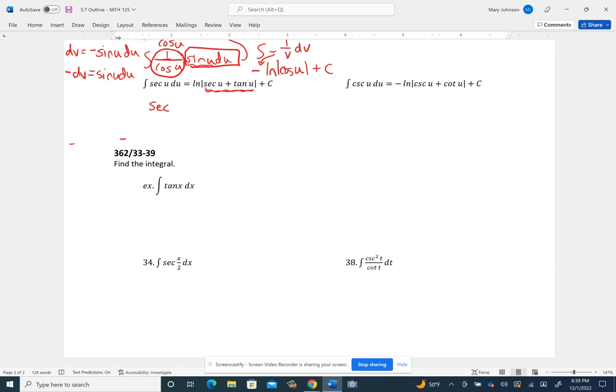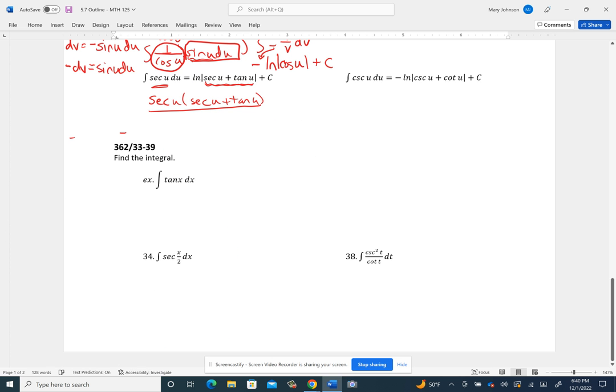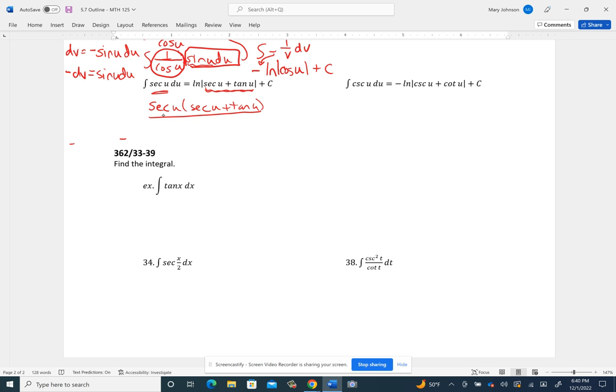So what I'm going to wind up doing is multiplying the top of the original function and the bottom. So I'm talking about this right here. And the bottom is like an understood 1, so I'm going to multiply the denominator by that as well to make it okay to have done that.